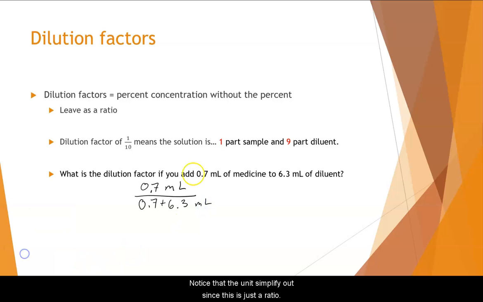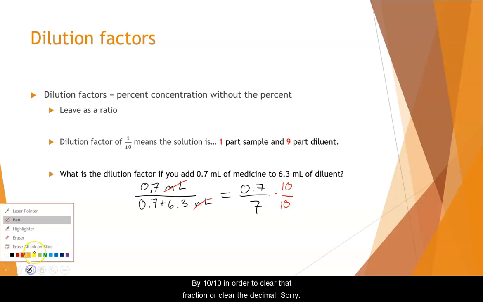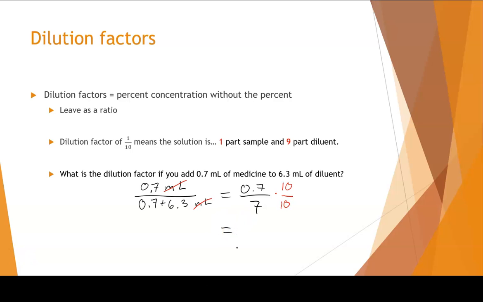Notice that the units simplify out since this is just a ratio, and we're left with 0.7 over 7. To simplify that, I know I could reach for my calculator, but let's do this by hand. Decimals and fractions don't play well together, so I'm going to multiply this by a form of 1, by 10 over 10, in order to clear the decimal.